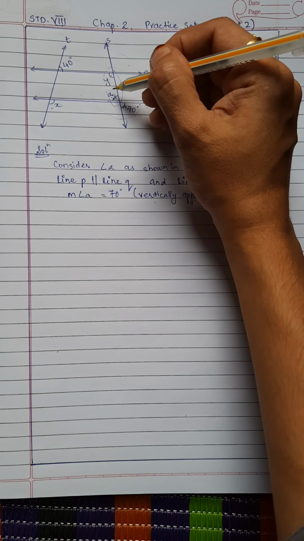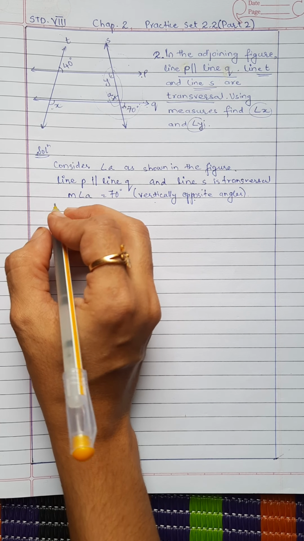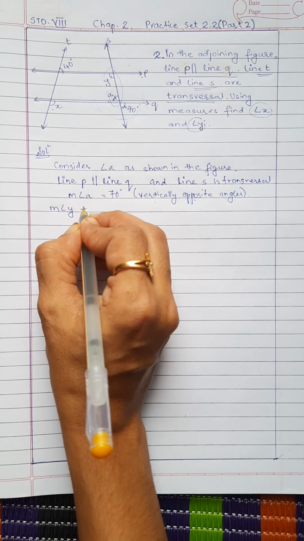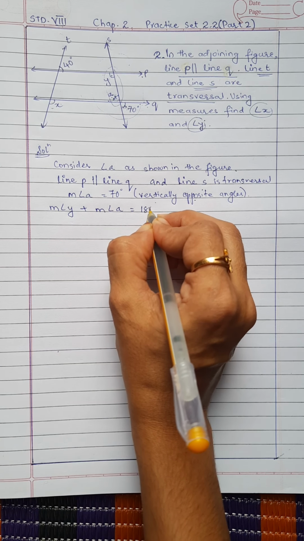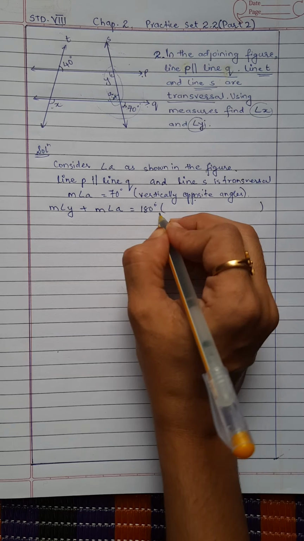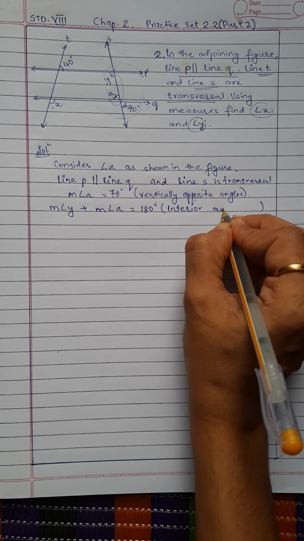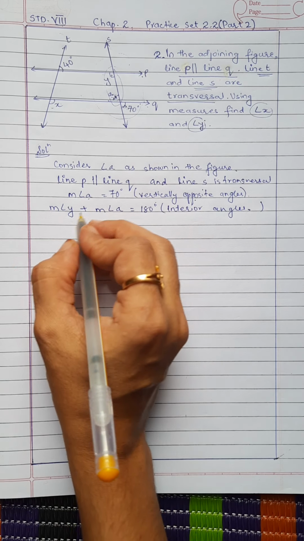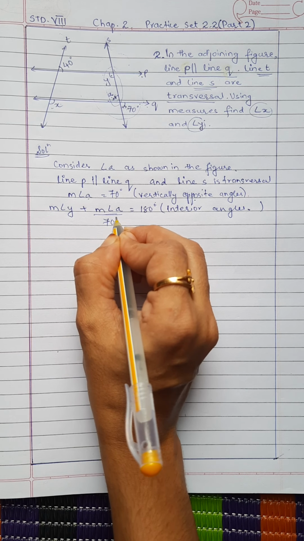Now A and Y form interior angles. So the property says measure of angle Y plus measure of angle A will be equal to 180, as these are a pair of interior angles. Measure of angle A you got here as 70 degree. So instead of measure of angle A, write 70 degree.